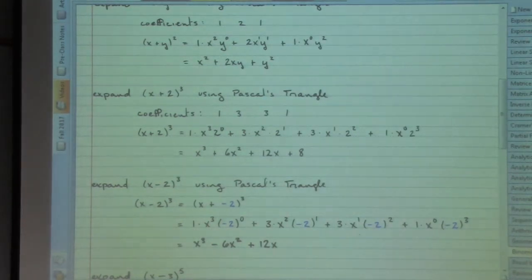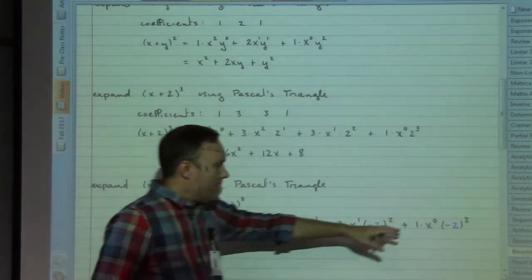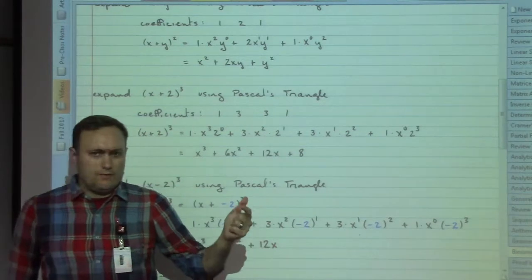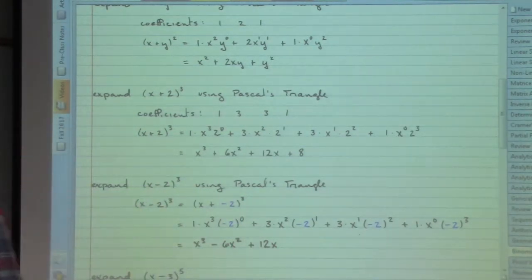And when I look at my third term there, I've got a negative being raised to the third power. So negative times another negative ends up being a negative.